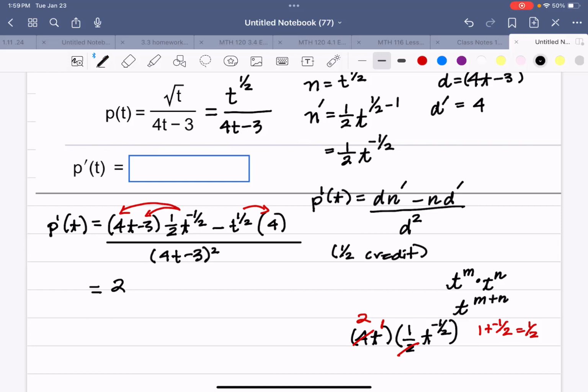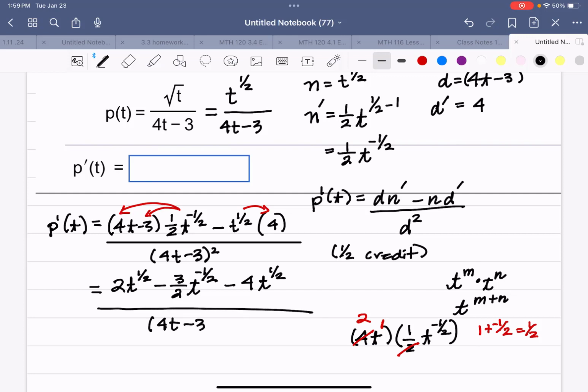So I end up with 2t to the 1/2 minus 3 over 2 t to the negative 1/2. And then I've got a minus 4t to the 1/2. And all of that is over 4t minus 3 squared.